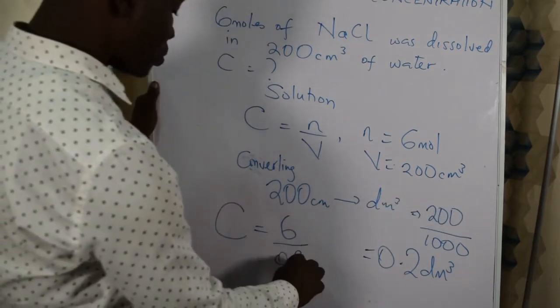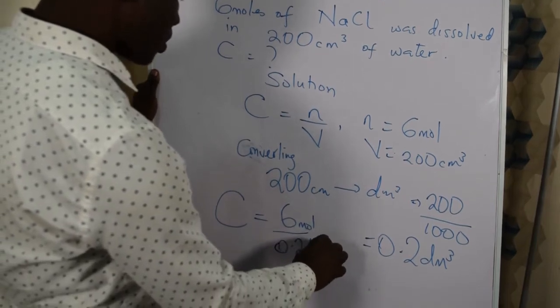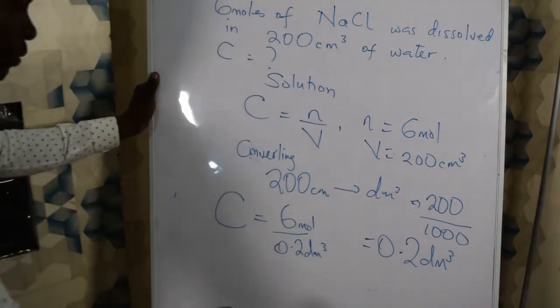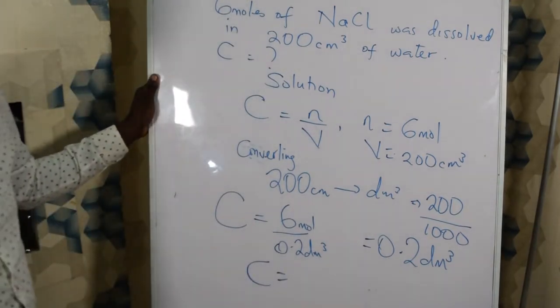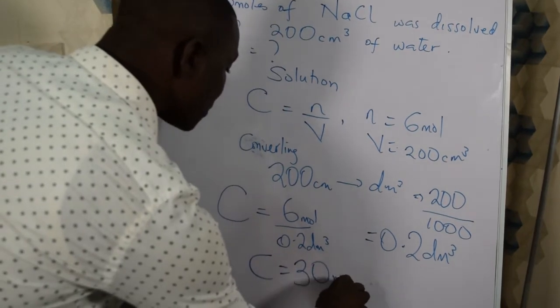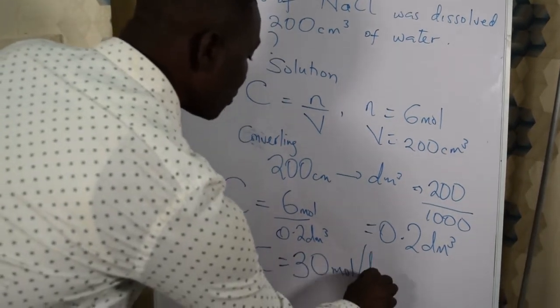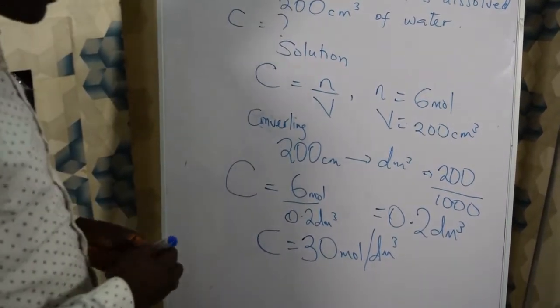So 6 mole over 0.2 dm cube, and finally this will give us 30 mole per dm cube. I think that's the correct answer.